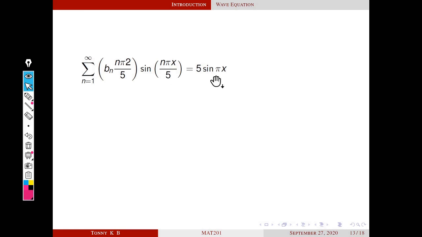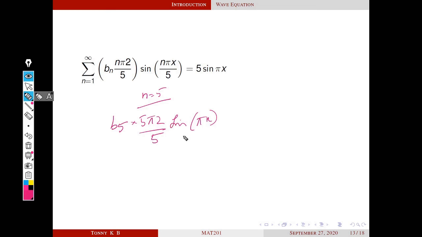Next we are going to compare the similar terms on both sides. So it is clear that when n equals 5, this becomes b_5. When n equals 5, this is 5πx by 5, so this term is similar to our right hand side.